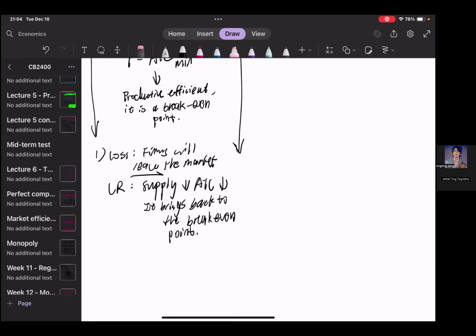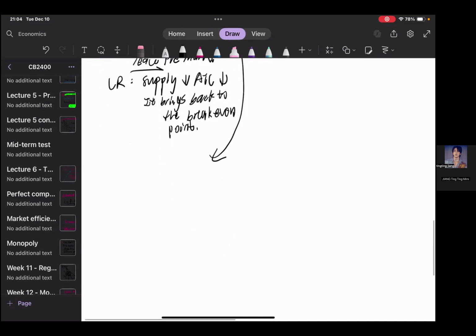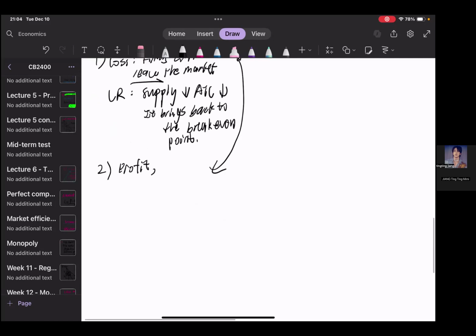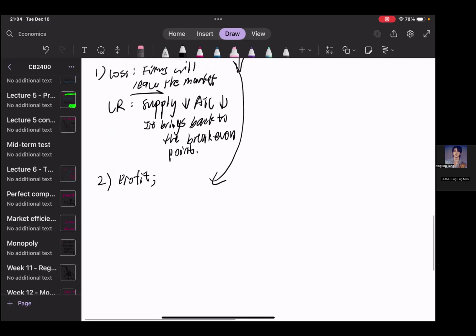Whereas for the second one, which is a profitable situation, because they are making profits, firms will enter the market.